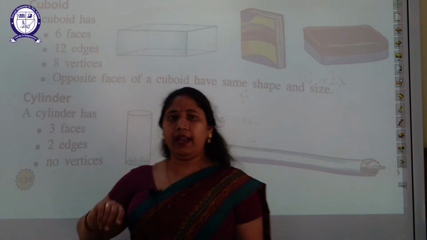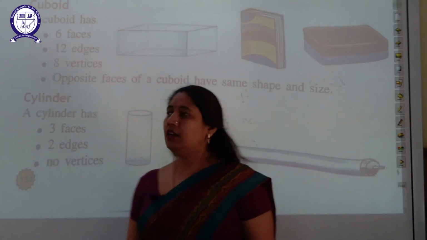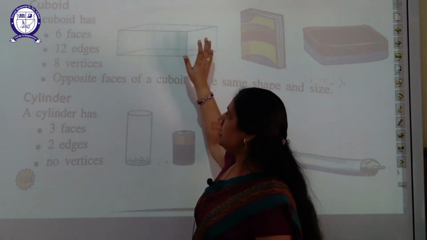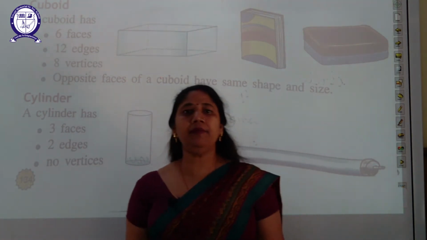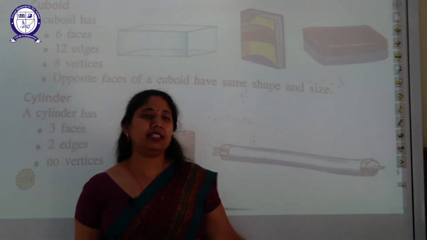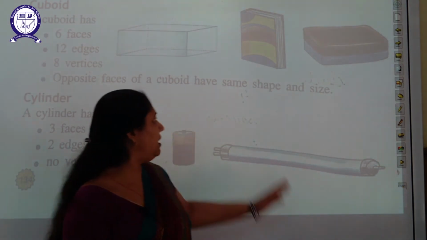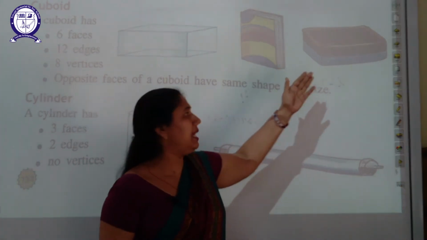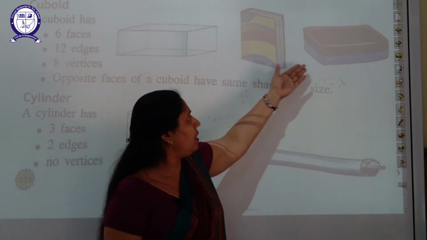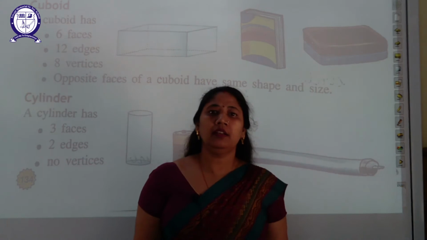Now come to the cuboid. Cuboid having rectangular faces beta. Okay, all the faces, edges and vertices are same as the cube, but cube is having square faces and cuboid are having rectangular faces. The cuboidal objects are book or tiffin box, okay, or your duster, right?